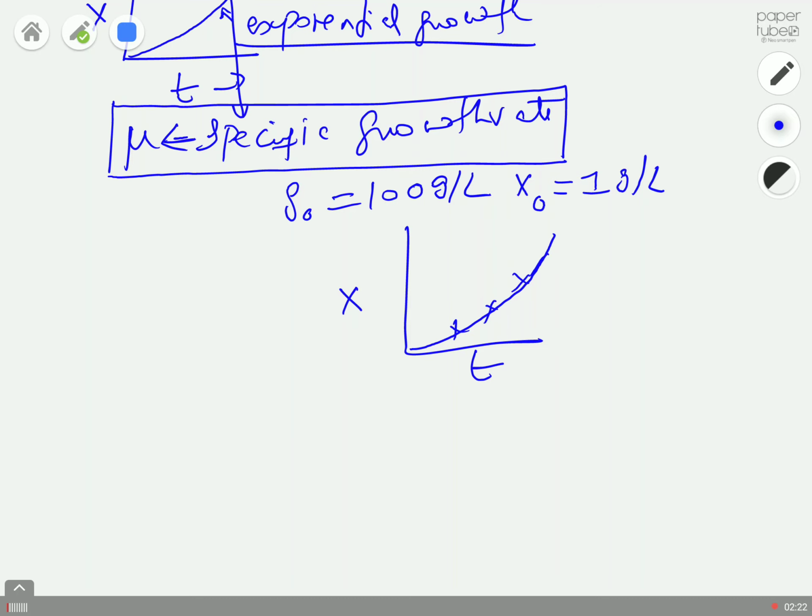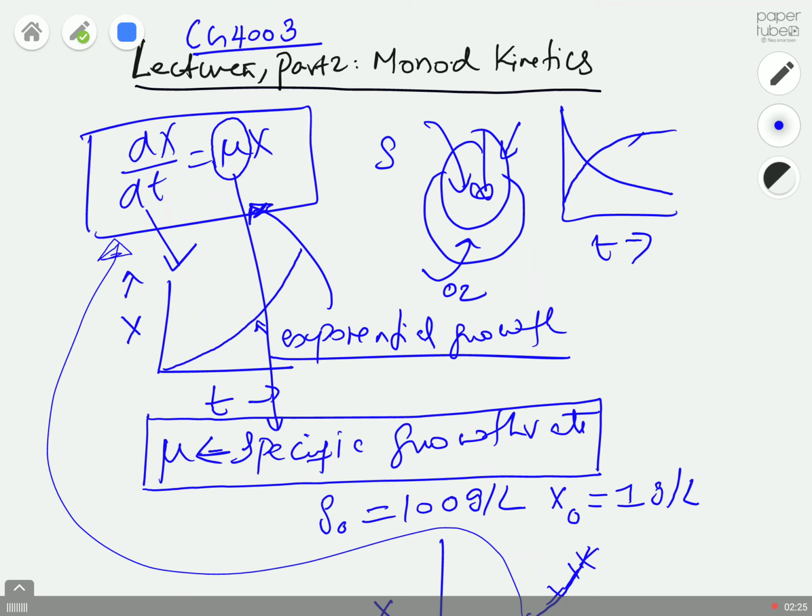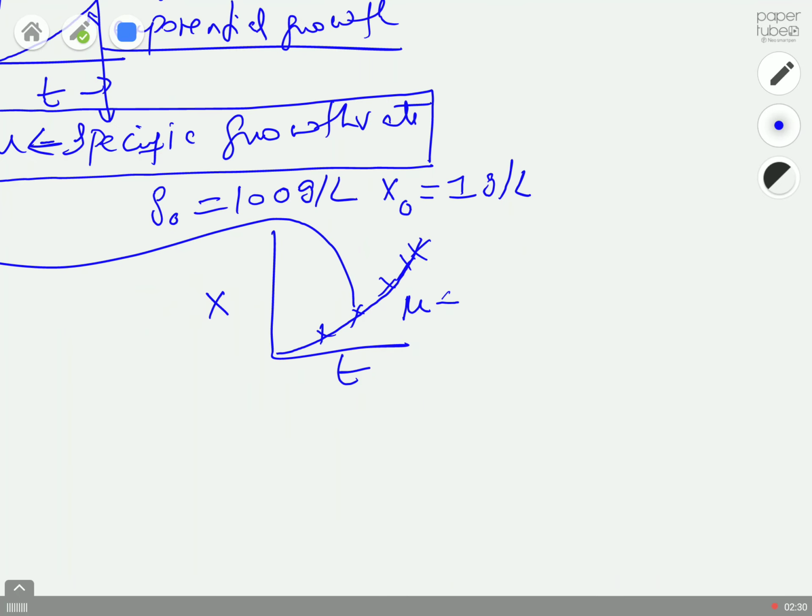Imagine these are your experimental data, and this data can be represented by this type of equation, and then you can get your specific growth rate, which has a unit of 1 by time.